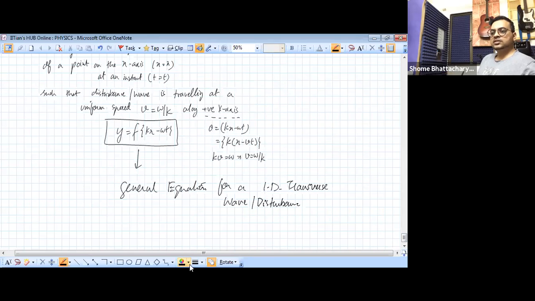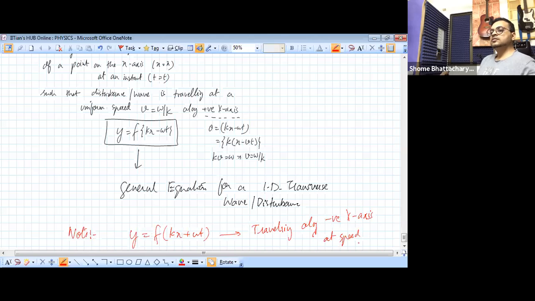Okay. Also, we can see one thing, that if we replace the minus sign in between the two variables kx and omega t with a plus sign like this, then this is traveling along the negative x direction at a speed v equal to omega by k.